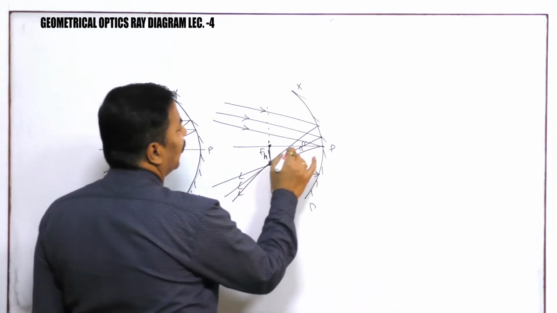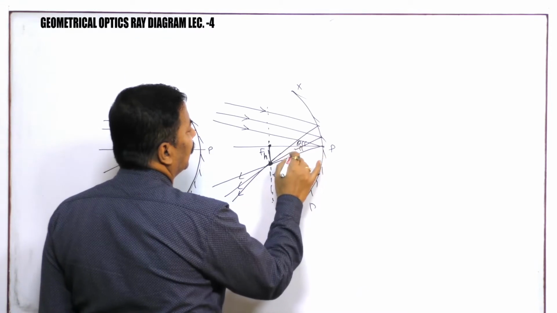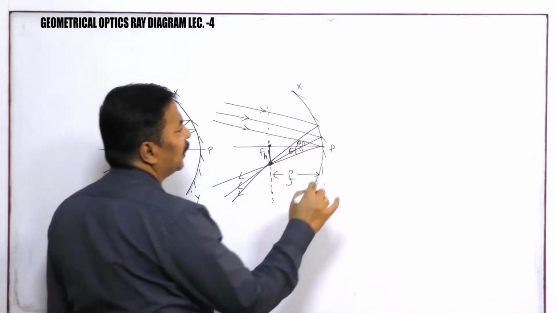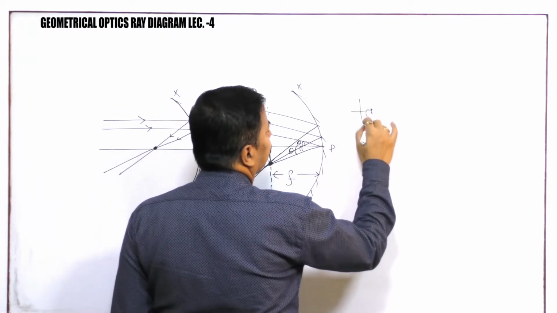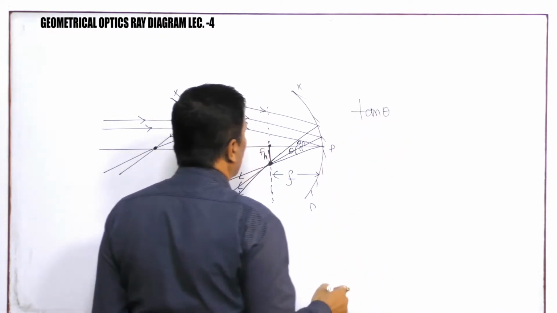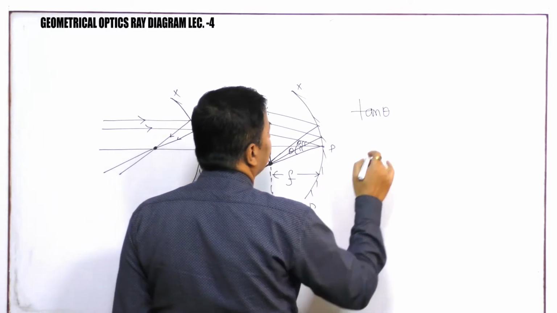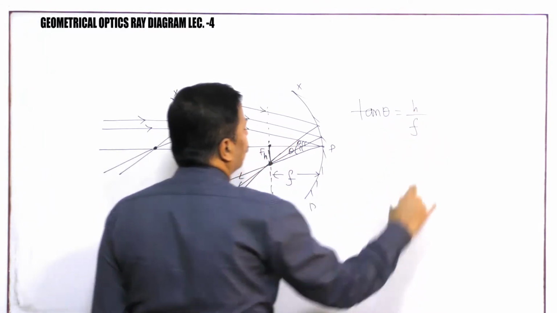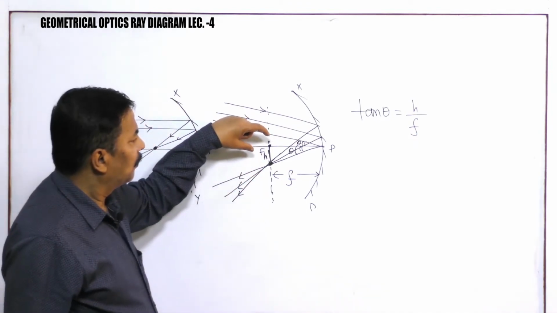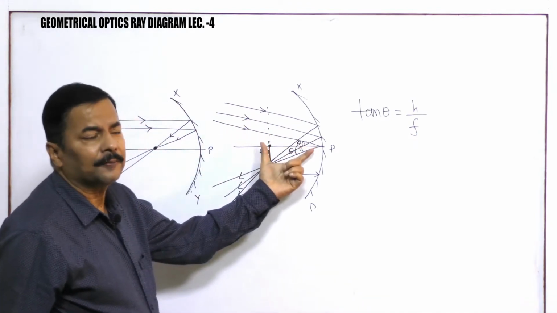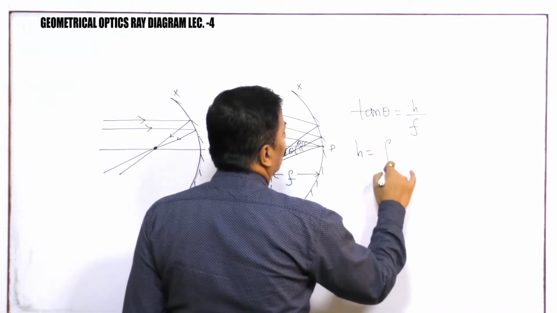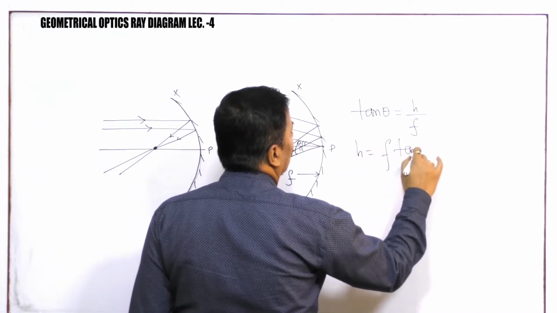If this angle is theta, this angle is again theta. So tan theta is equal to h by f, perpendicular by base. So h is equal to f tan theta.